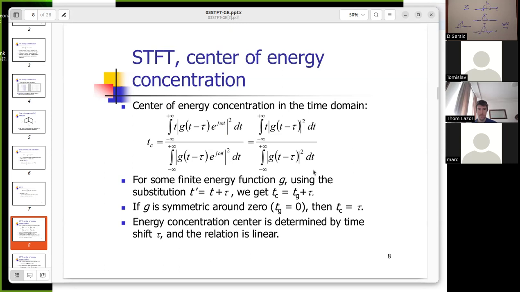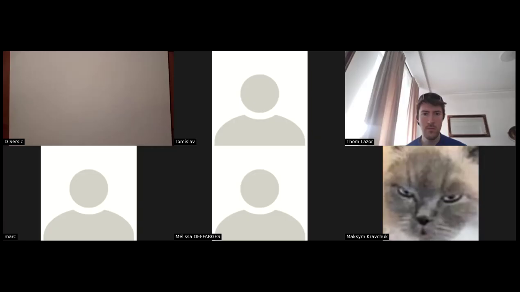Probably it's not a miracle, because our function was, what is e to the j omega t? It is actually cosine plus j sine, and it looks like this.